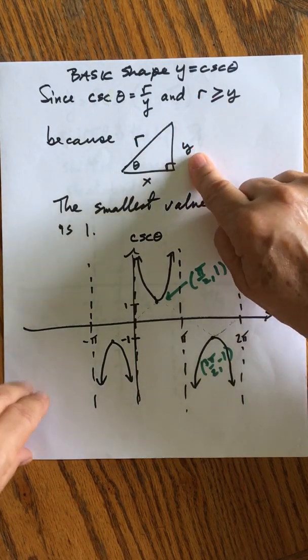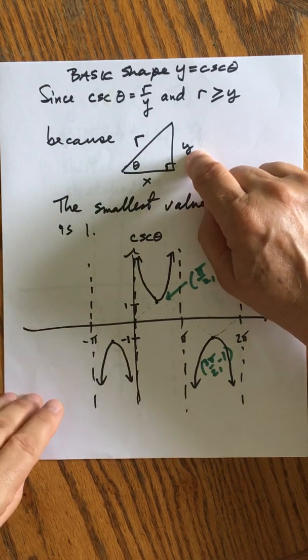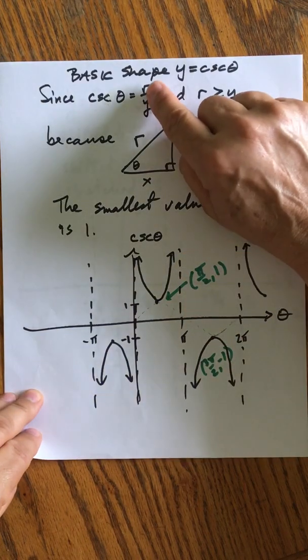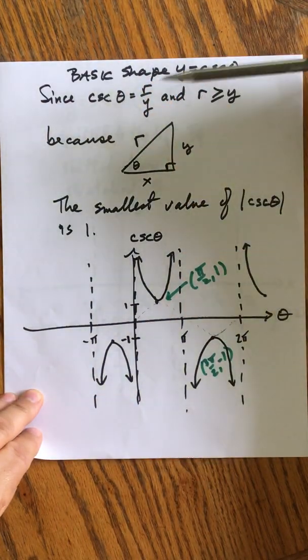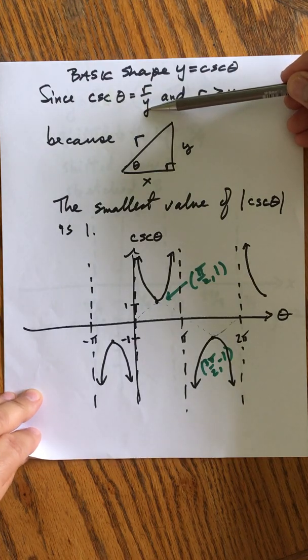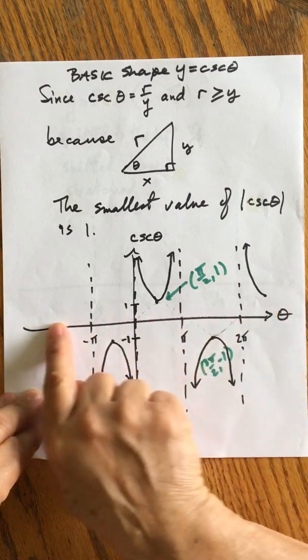It's always going to be smaller except at pi over 2 and 3 pi over 2. So that's why when you look at this ratio, r will always exceed or be equal to y. So you can't have true fractions. So in a sense you have sort of this dead space here.